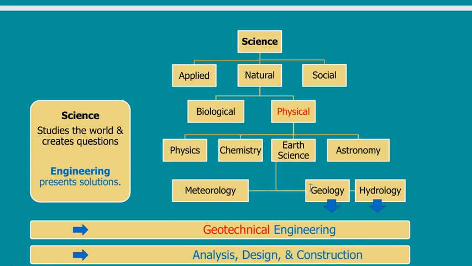So we need to study geology, we need to study hydrology. These two sciences are very important. Once we study them, we can be a very good geotechnical engineer and propose solutions for any problem.